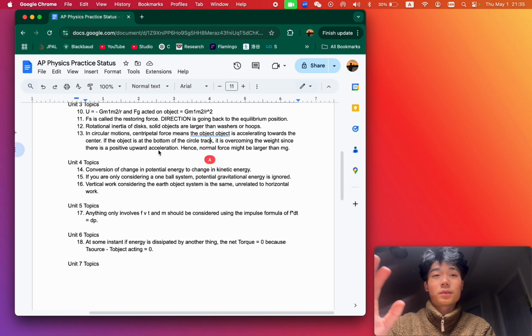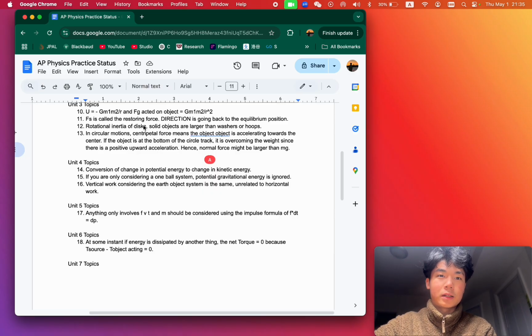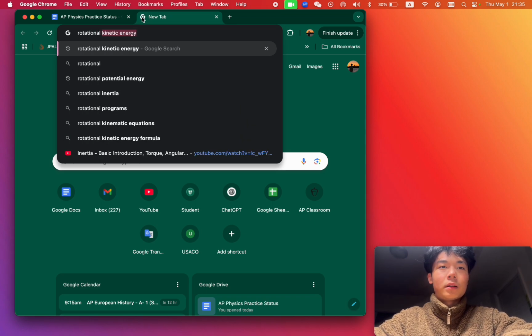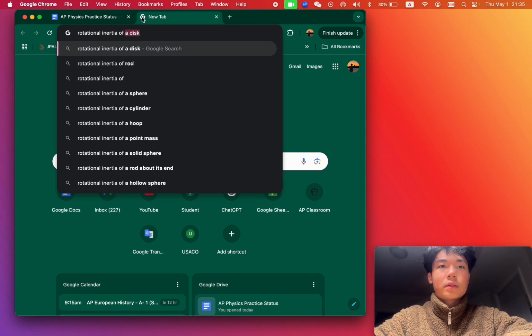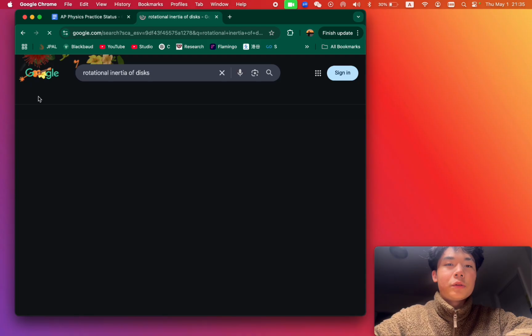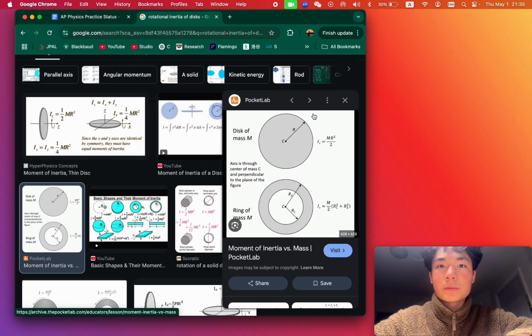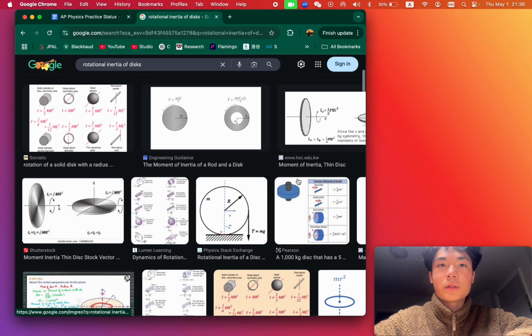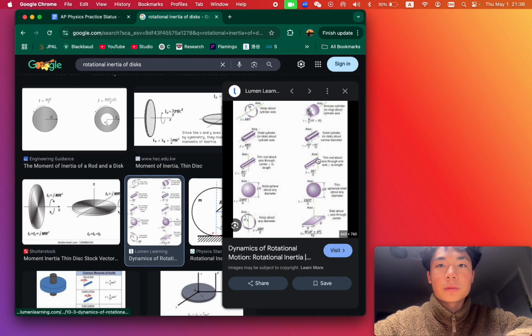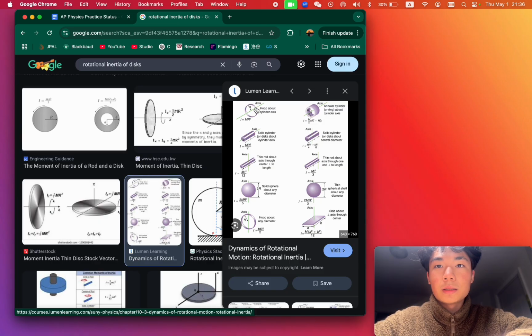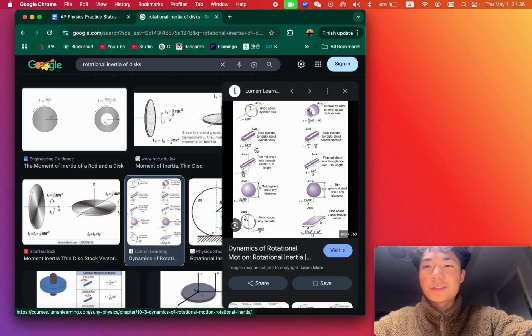Just take a look at it real quick, like the rotational inertia of a disk. Let me search it up real quick. You have different rotational inertias for different things. Wait, hold on.